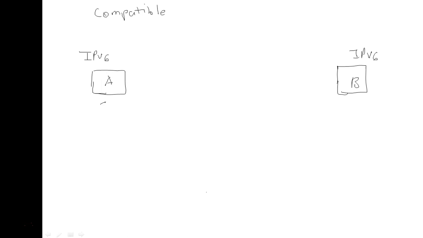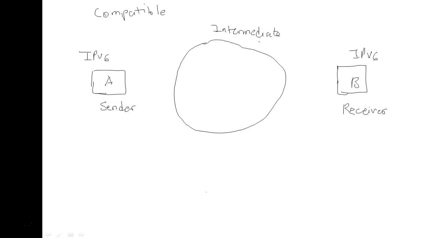Means computer A is the sender, uses IPv6, and computer B is the receiver, uses IPv6, same address, but there is an intermediate network that uses IPv4 address.